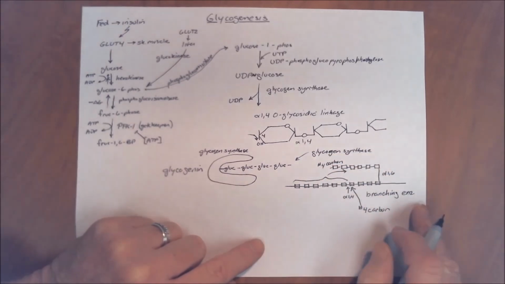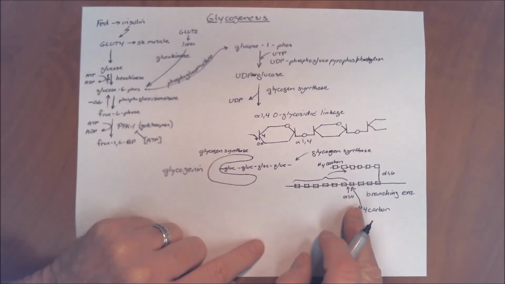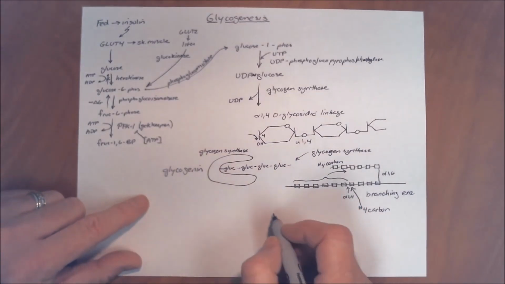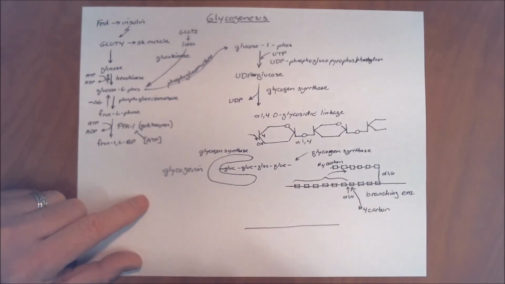So the purpose of the branching enzyme is to increase the number of free ends. This will increase the density of glycogen.